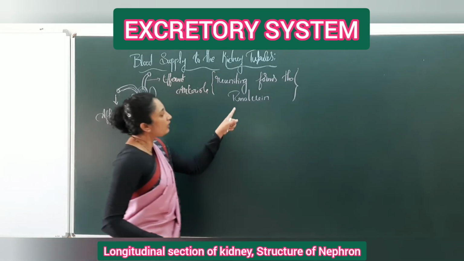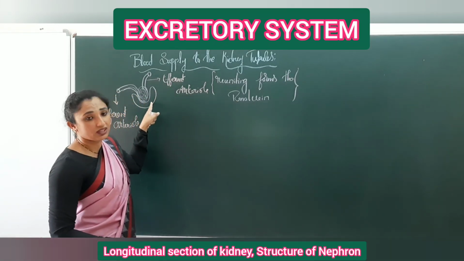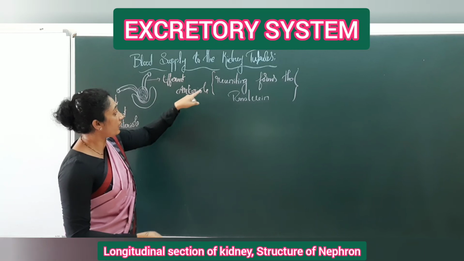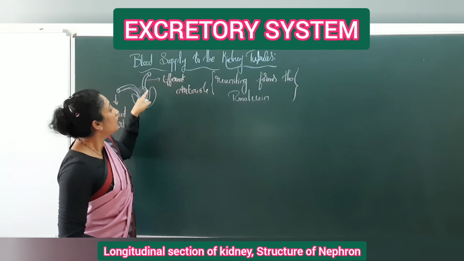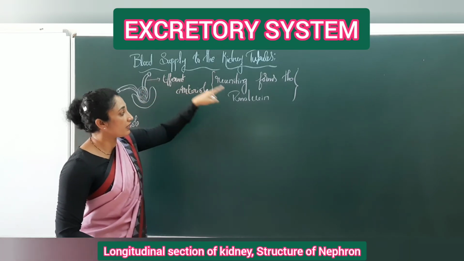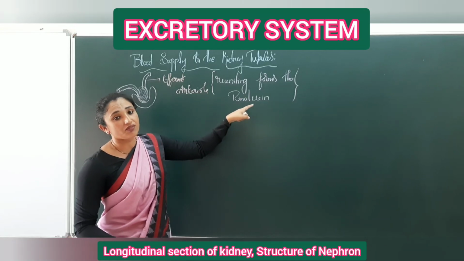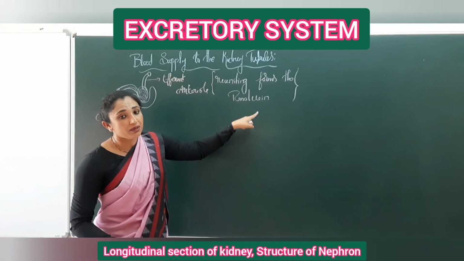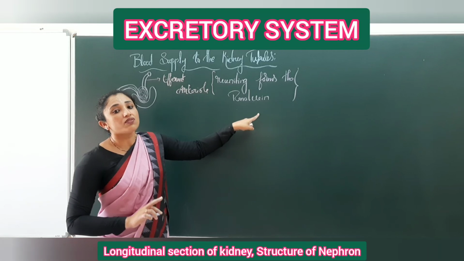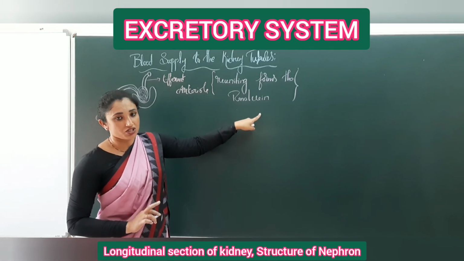So this renal vein now, which comes out of the Bowman's capsule, reunites and forms the renal vein, and now the renal vein will be carrying the pure blood, and in terms of carbon dioxide it will be deoxygenated.